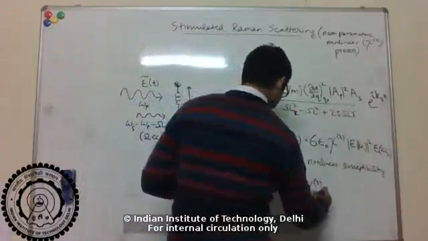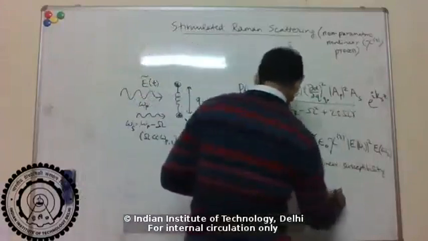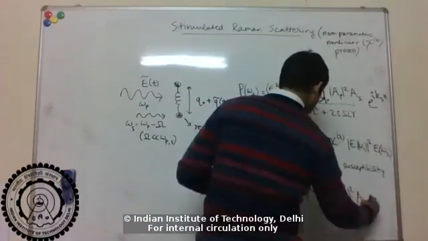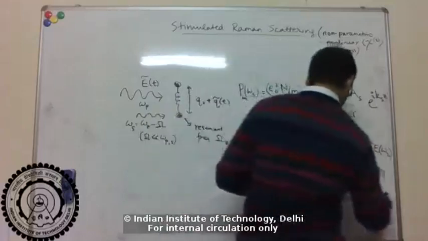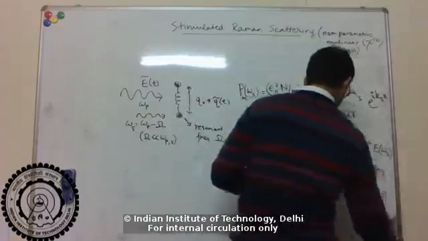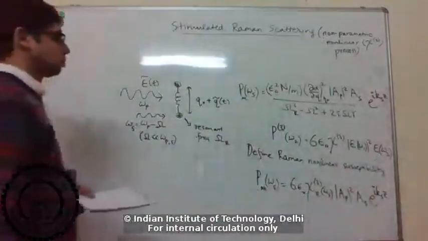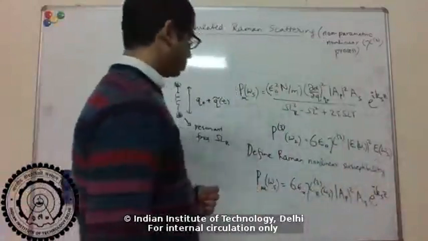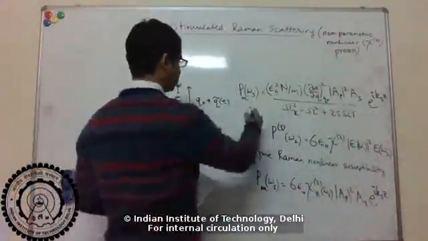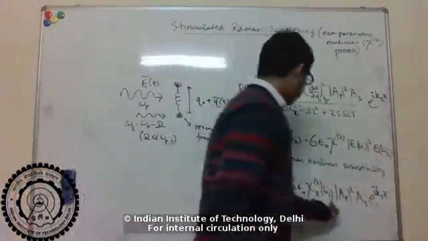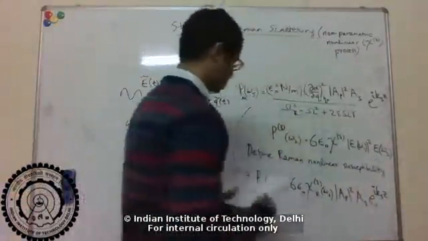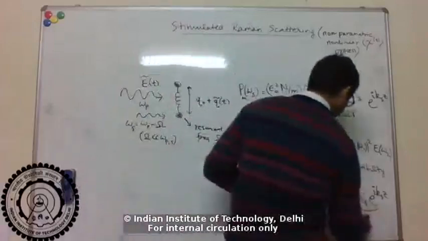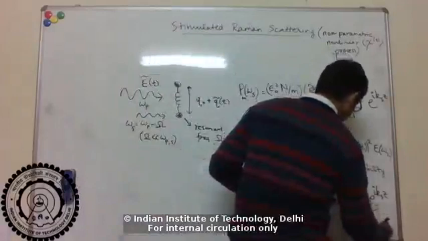Now here we have chi3 Raman. Okay, so we just write this like this and define a Raman nonlinear susceptibility chi3 sub R. Right, so this is basically mod of EP square ES.